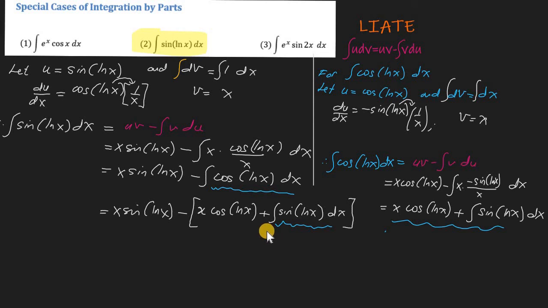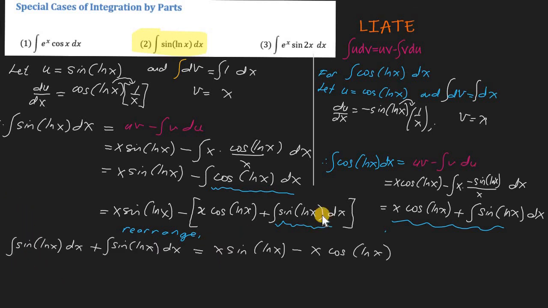So how? Again the technique is to rearrange. We'll bring this thing to the other side. As we bring this thing on the left, we have plus, so here we have 2 of this integral of the sine ln x.